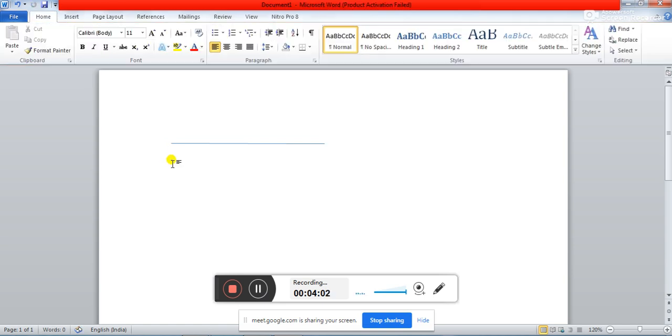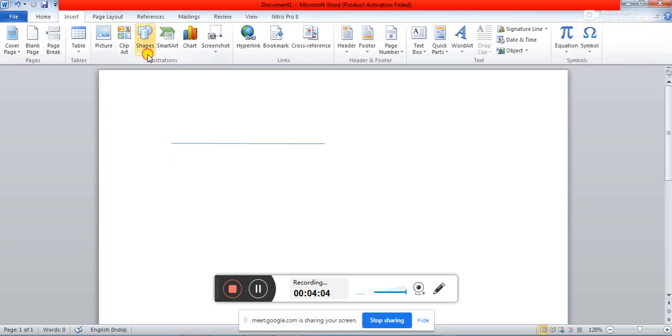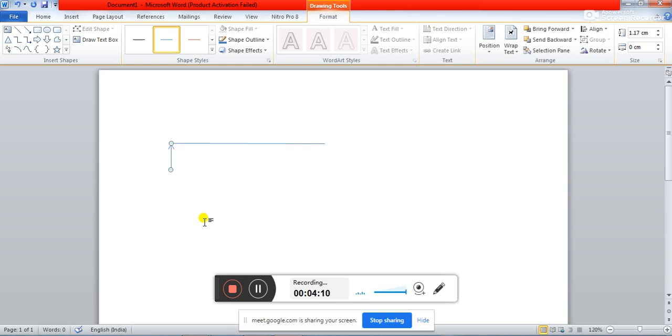So I'll insert two reactions. One vertical reaction is over here, and another reaction is here. This is your point A, and this is your point B.